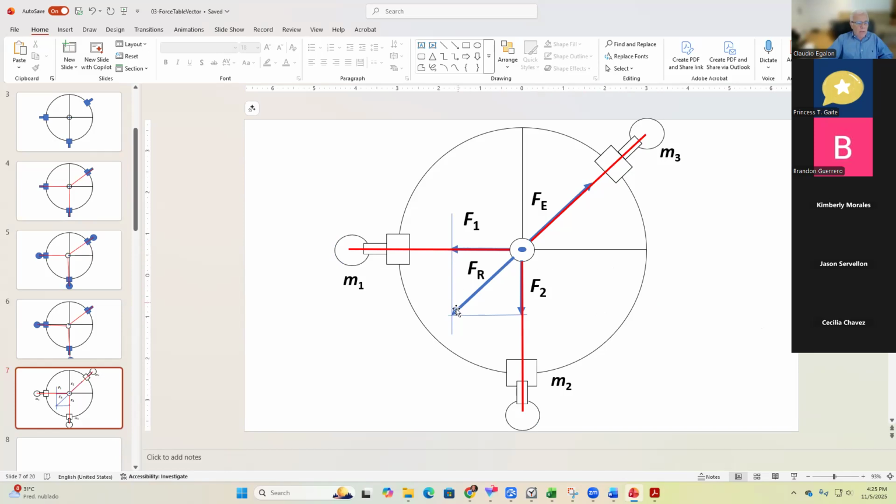Here is the resulting force being applied. Mass M1 is applying a tension F1. Mass M2 is applying a tension F2. Those two forces summed up result in this resultant force. And we want to equilibrate this resultant force by adding slotted masses to mass hanger number 3.